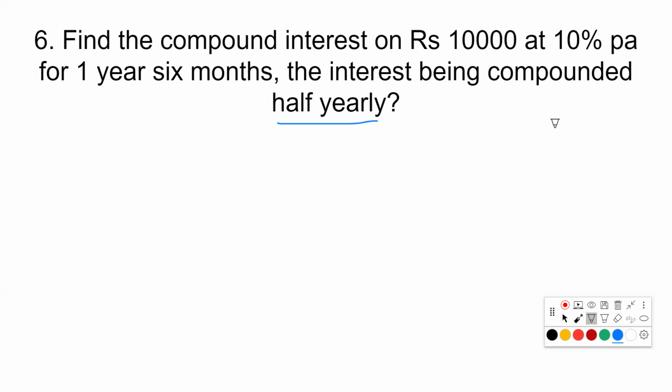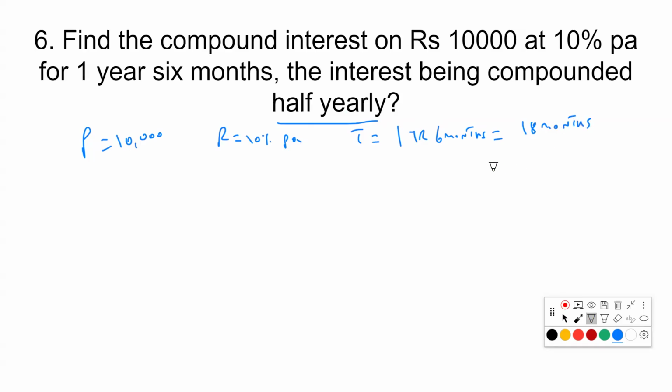This is half yearly. Find the compound interest on rupees 10,000. What is your principal? Principal is 10,000 here. And please notice the rate of interest is 10% per annum. And the time here is 1 year and 6 months, so I can say that it is 18 months.